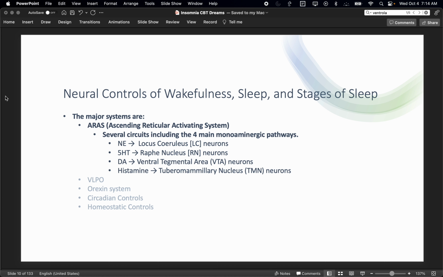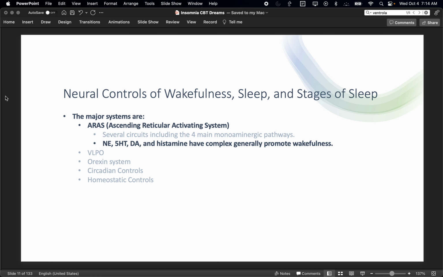And the histaminergic neurons from the tuberomammillary nucleus are all being affected by ARAS. So ARAS affects norepinephrine, serotonin, dopamine, and histamine to generally promote wakefulness in a very complex way, and that's just because the basic pathophysiology is not known yet.